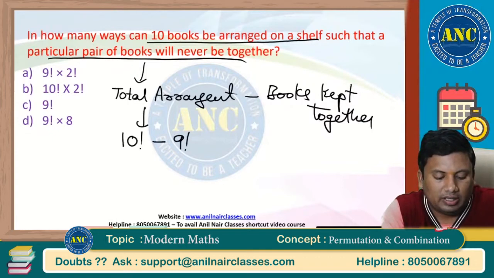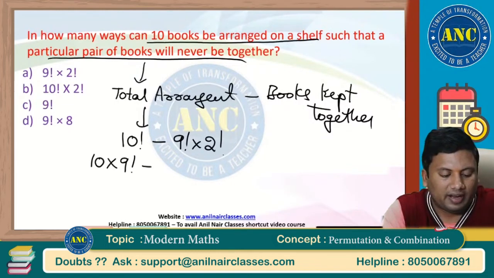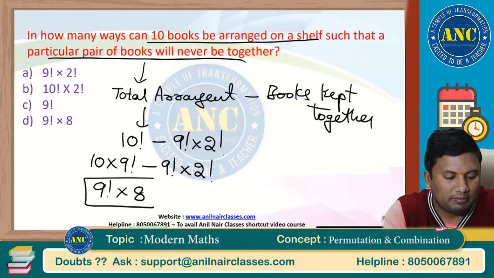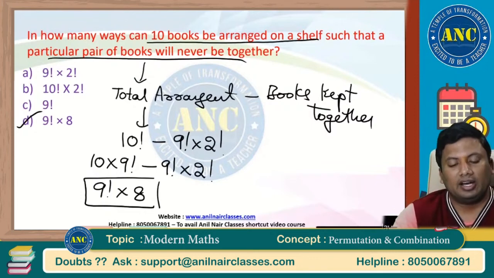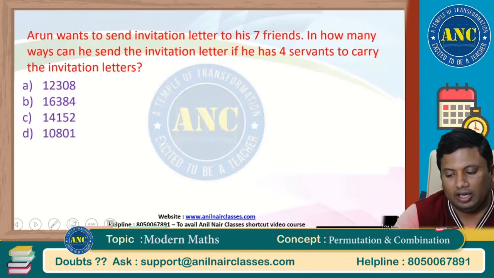Books together is 9 factorial into 2 factorial. So it is 10 into 9 factorial minus 9 factorial into 2 factorial. 9 factorial common, 10 minus 2 is 8. Answer is nothing but 9 factorial into 8.